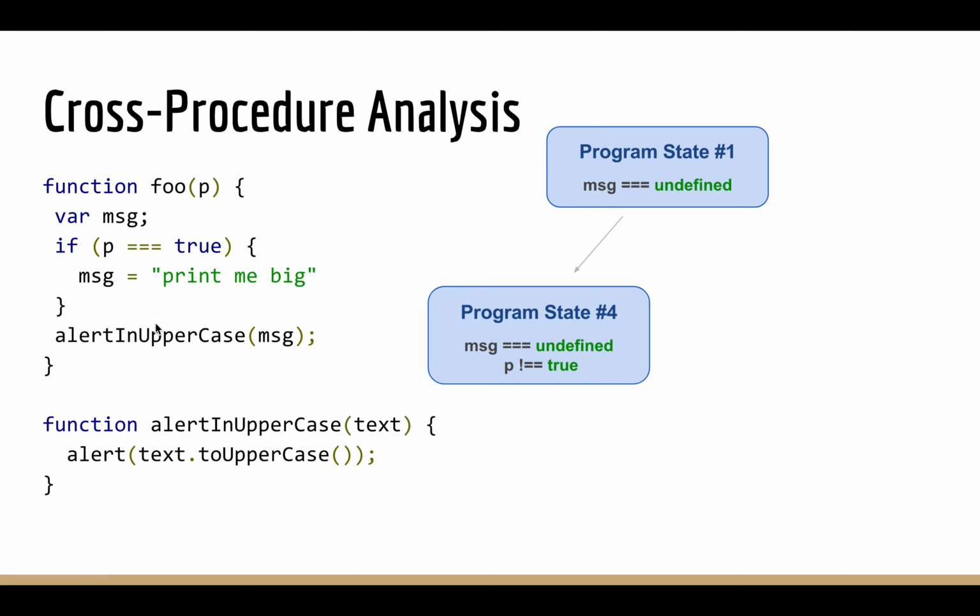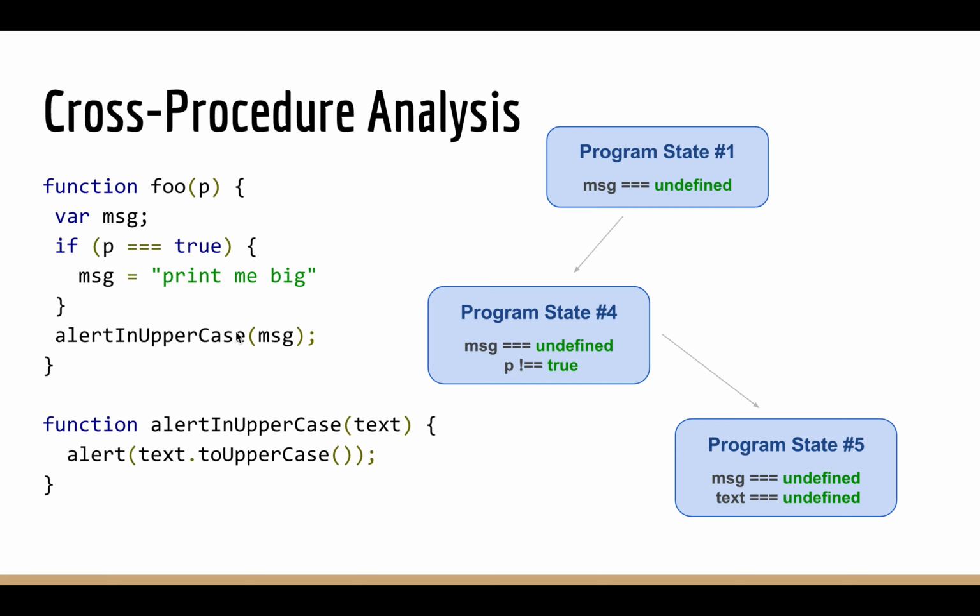But you can do more. You can look inside of that function and see what happens inside it. And if you look inside it, you inherit the knowledge of variables from the calling function to the parameter values of the function being called.